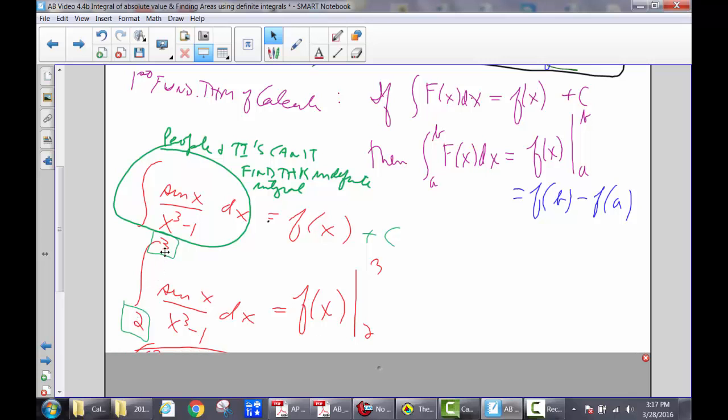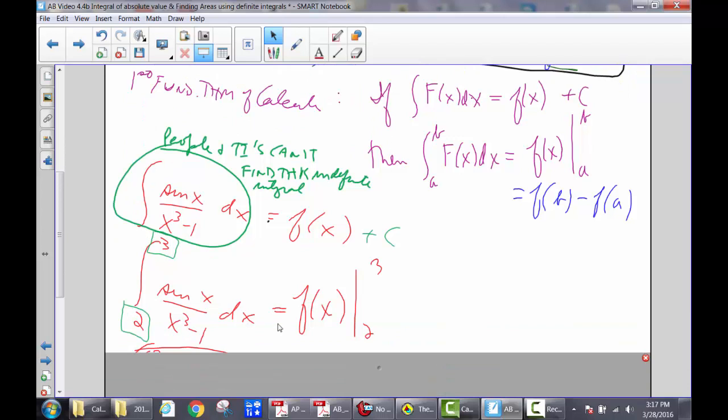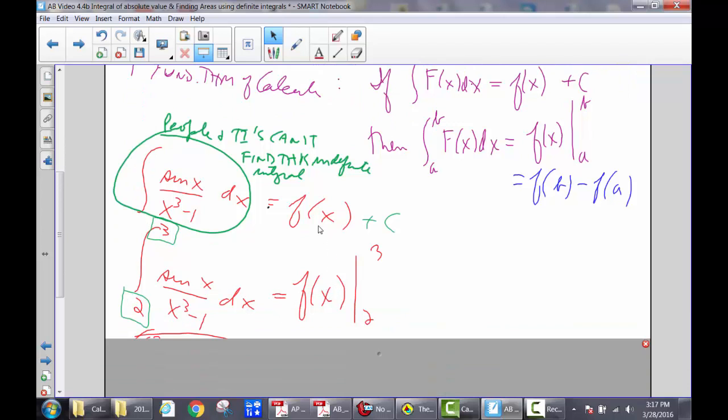Notice how I'm purposely going to go integral 2 to 3. This is not a fluke. I'm doing 2 to 3 because they gave me little f of 3 and they're asking me for little f of 2. That's one of the limits of integration, that's the other. So I'm going to use 2 to 3. Well, I know that means that that would equal little f of x from 2 to 3.